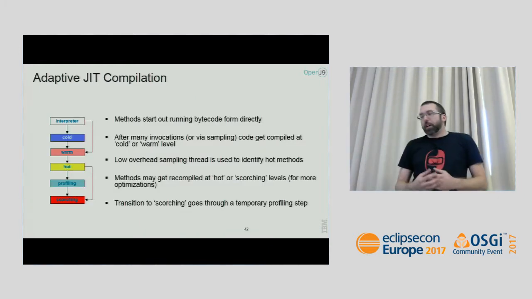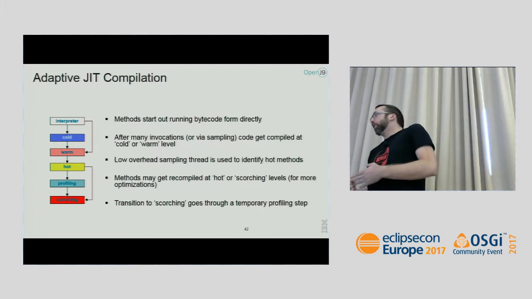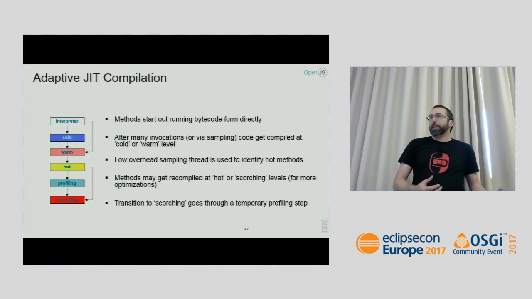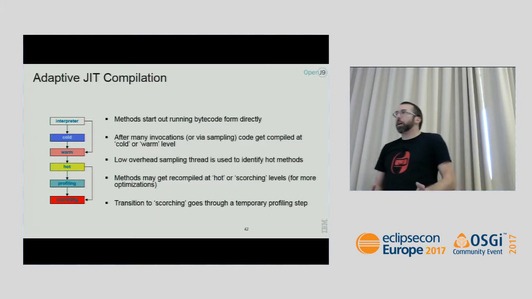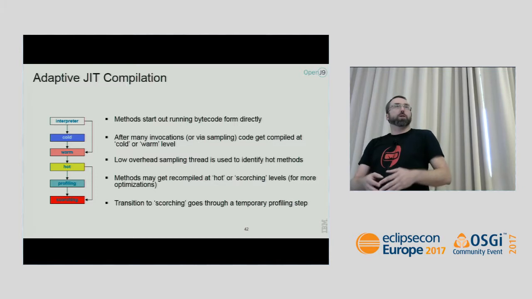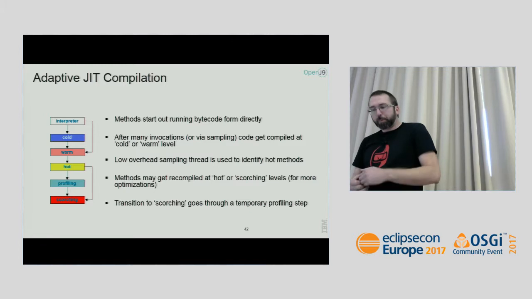In the OpenJ9 JIT, there are multiple tiers of compilation. Not every method needs to be compiled with the same amount of optimizations applied. The main reason for that is you don't want to put everything through your 500 optimizations if it's only used a little bit of the time. So we do this staged and adaptive compilation, where methods will be recompiled at a higher level if they continue to need more optimization.